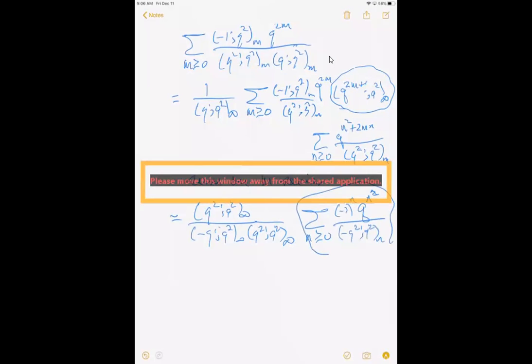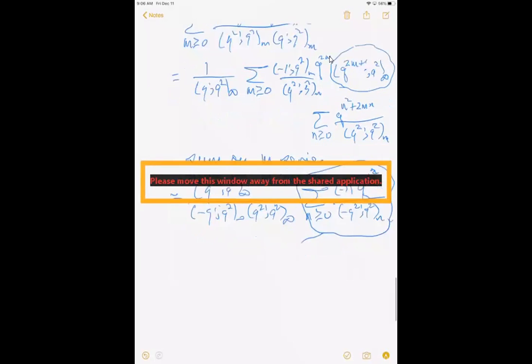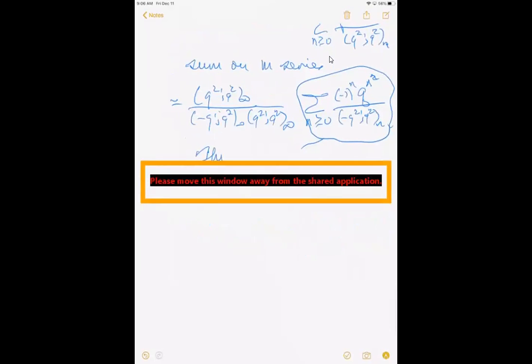And this is one of Ramanujan's mock theta functions.